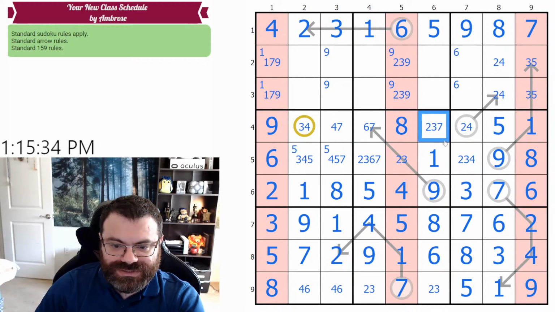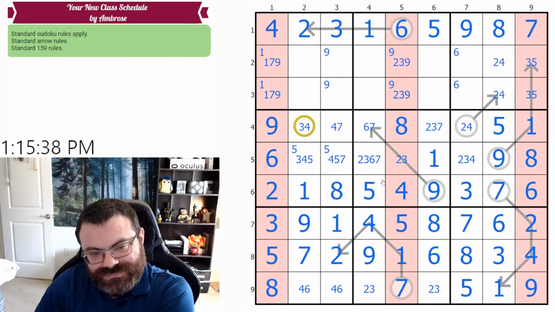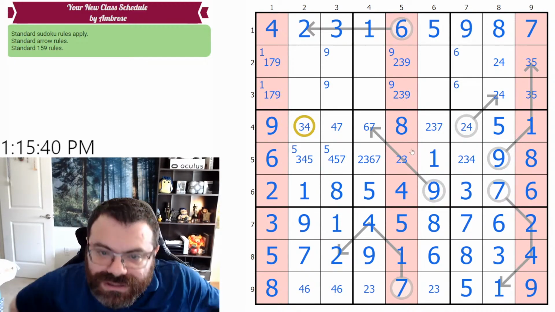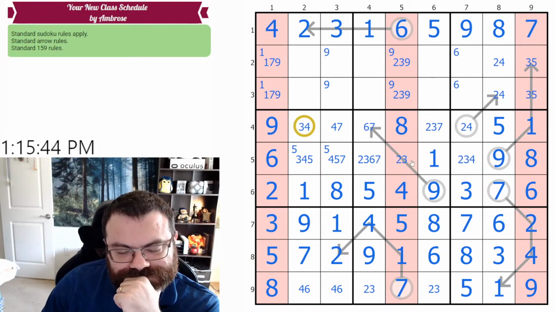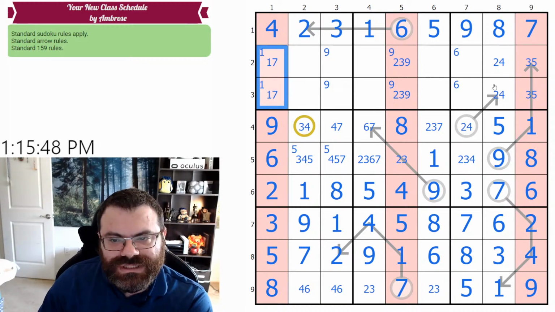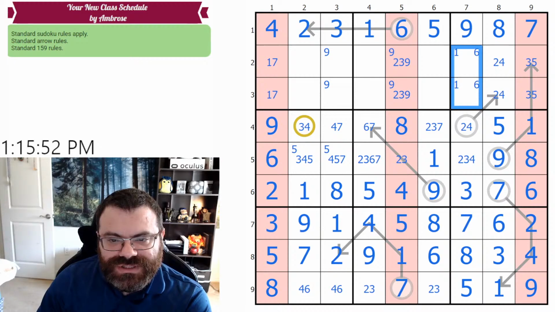This is not a 6. Okay, what am I missing here? Oh, this can't be 9's. So there's a 1 in one of these with the 6. It's a 1, 6 pair. This can't be a 3.